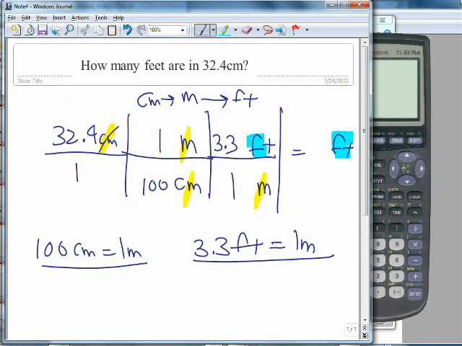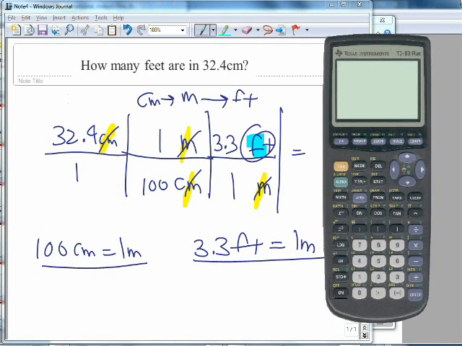So again, those units canceled out. We're left with feet. And now we'll just go ahead and multiply across: 32.4 divided by 100, and then we multiply it because it's on top by 3.3.